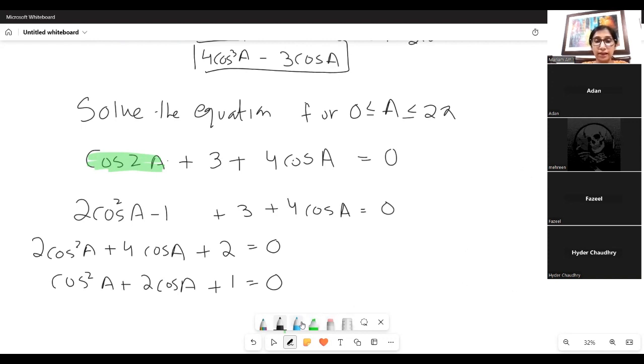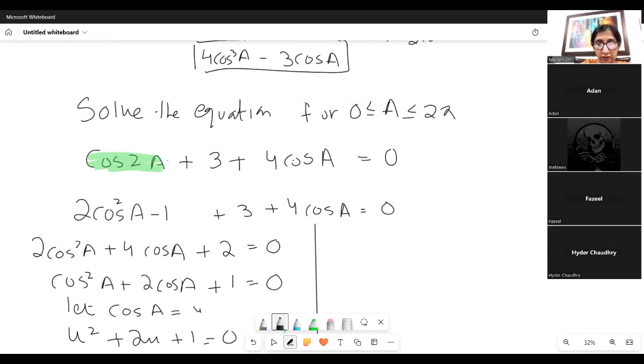So we can say let cos A equal U. So we get U square plus 2U plus 1 equals 0. I don't think we can use factorization here, so we will be using the quadratic formula.